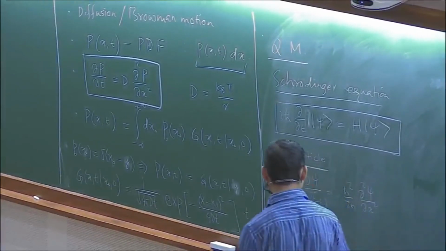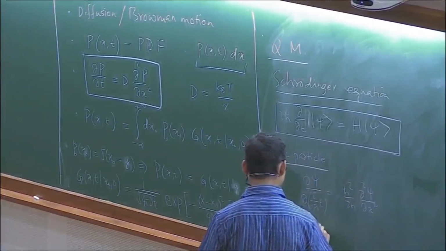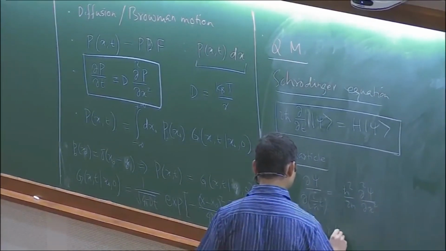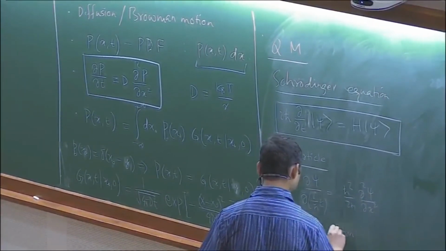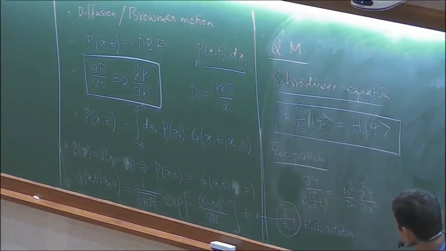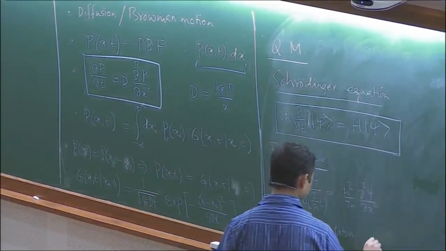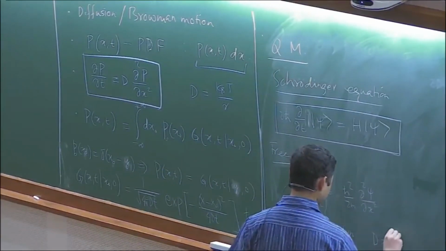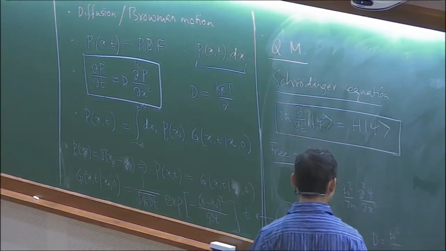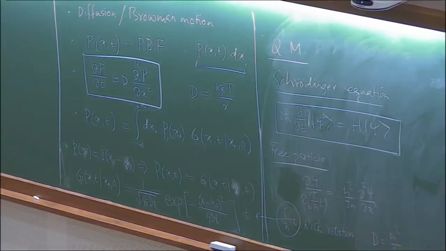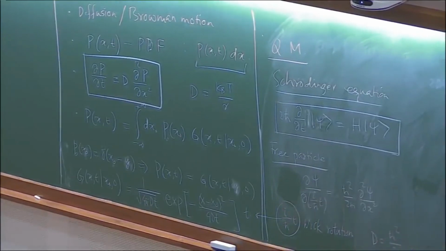Sometimes we call it Wick rotation. And the diffusion coefficient there is here h cross squared by 2m.